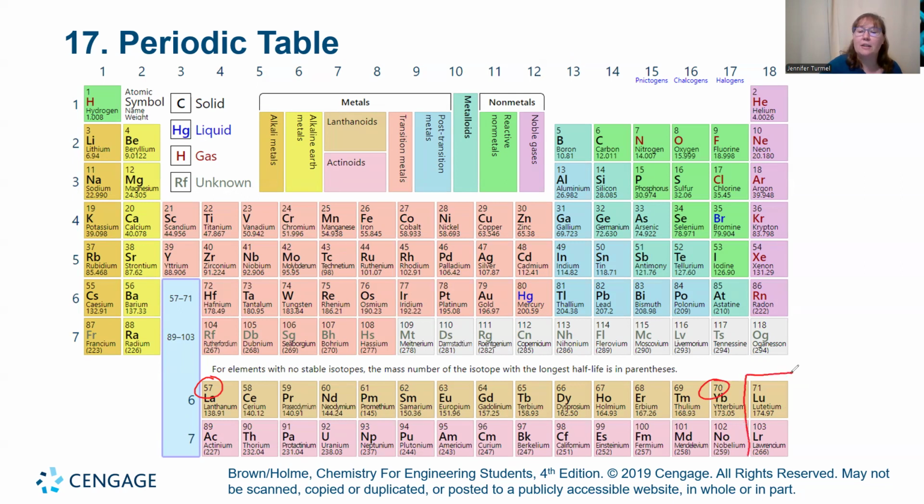So your periodic table is better in that it shows these right up here. So you'll want to place these here. Number 71 goes here, and it's lutetium, okay? And number 103 goes here, and it is lawrencium, okay?